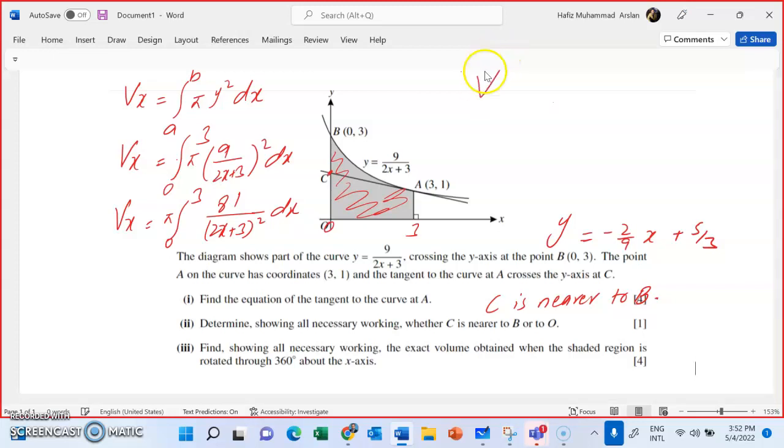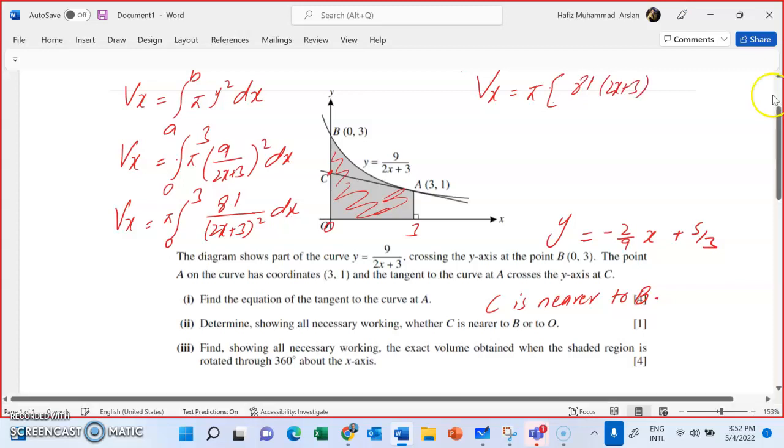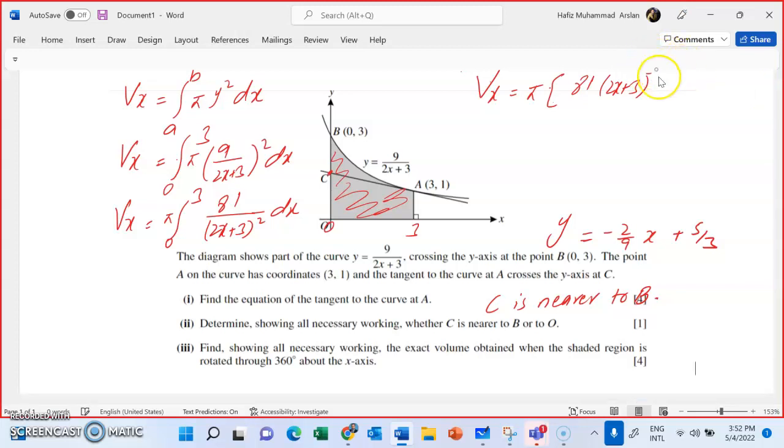So then we can integrate it. So pi, so now if we are going to integrate it, it will be 81 into 2x plus 3 to the power of minus 2 plus 1 over minus 2 plus 1, and then also inside this part, this 2 will go here.